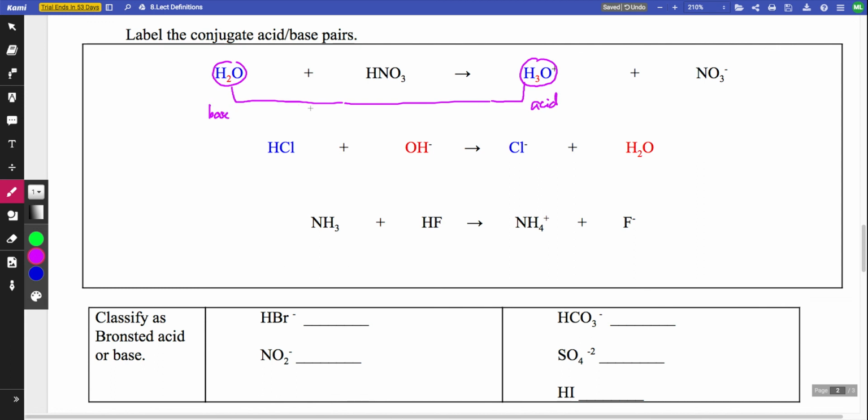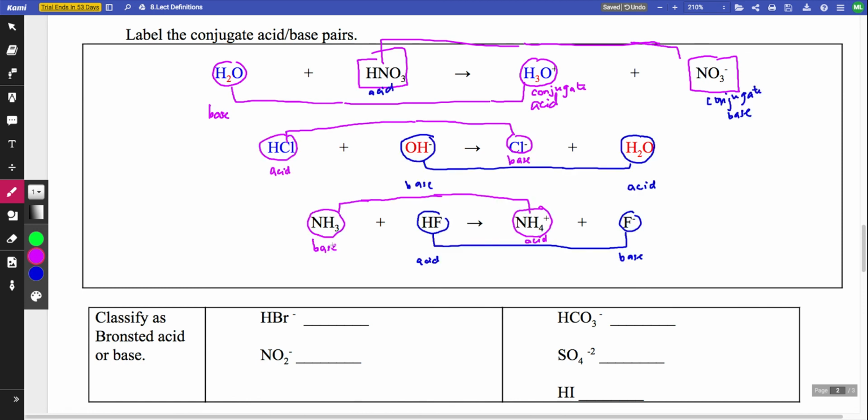They're conjugates of each other, so sometimes they say that's the base and this is the conjugate acid. Or sometimes they say this is the acid and this is the conjugate base. And then this is a conjugate pair with this substance. Please pause the video as you write the answers for these two equations.